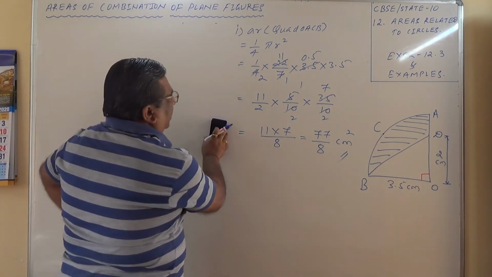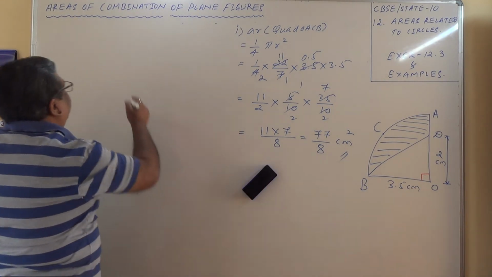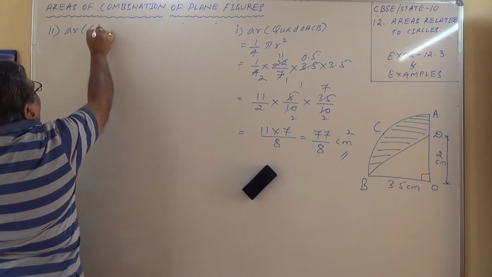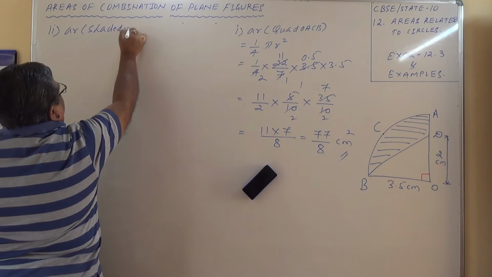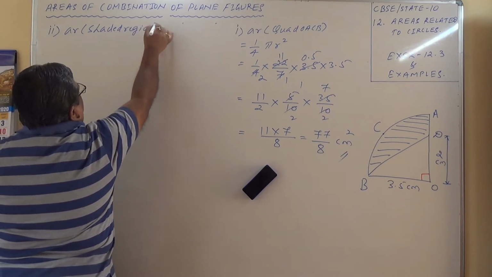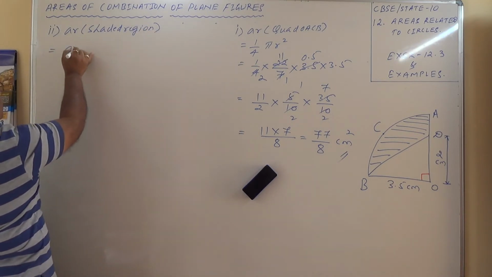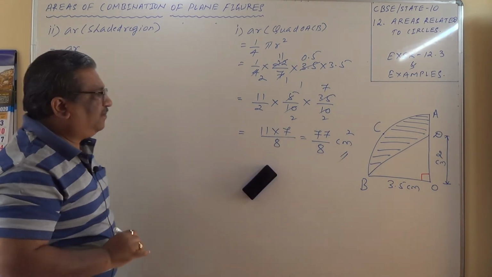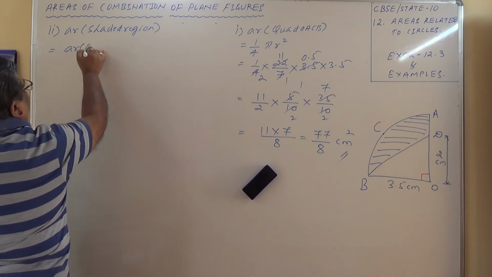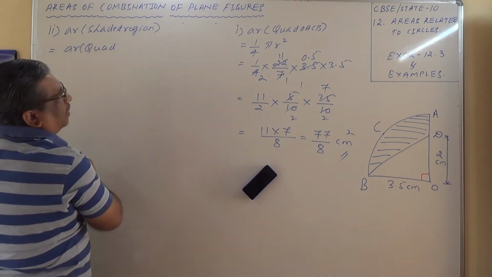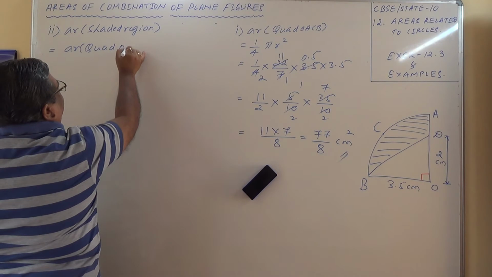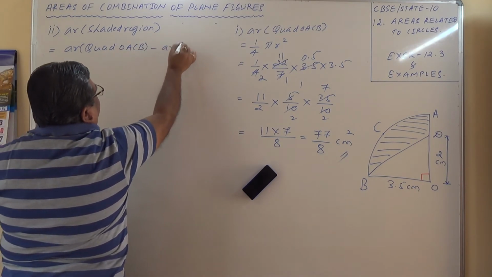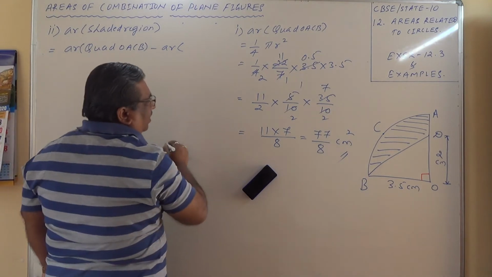Next, area of the shaded region, second part. Area of required shaded region is equal to area of this quadrant minus area of the triangle. Area of quadrant OACB minus area of triangle OBD.